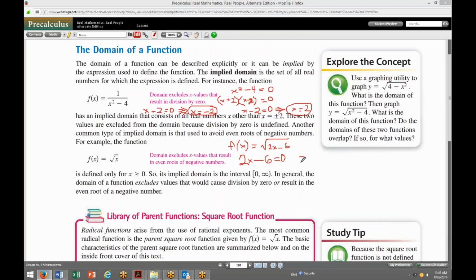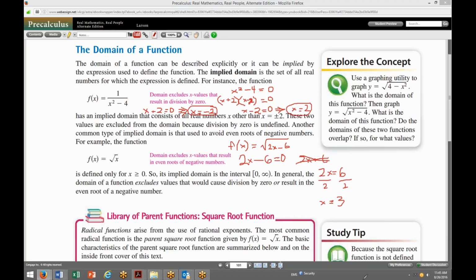Adding 6 to both sides, we get that 2x equals 6. And then dividing by 2 to get the specific value of x, you get x equals 3. So x equals 3 is the endpoint of the domain.